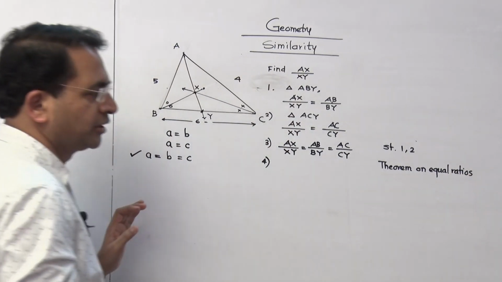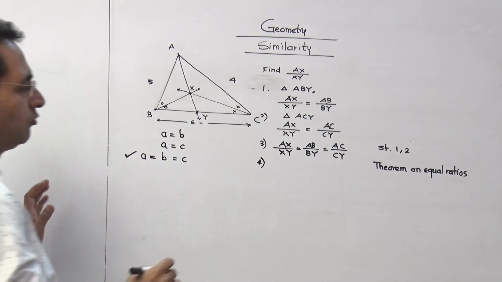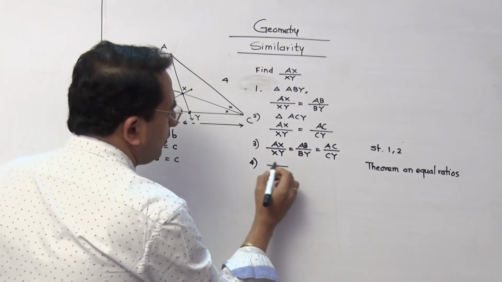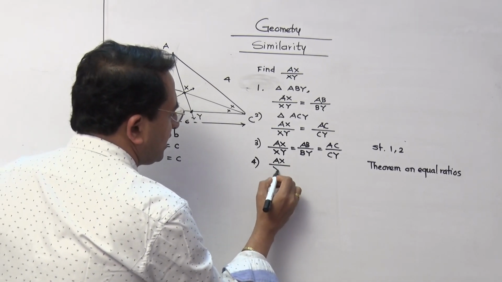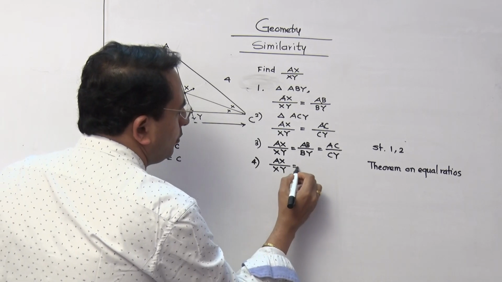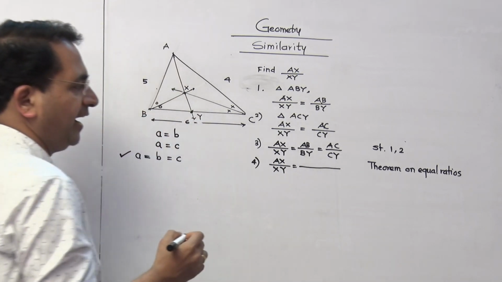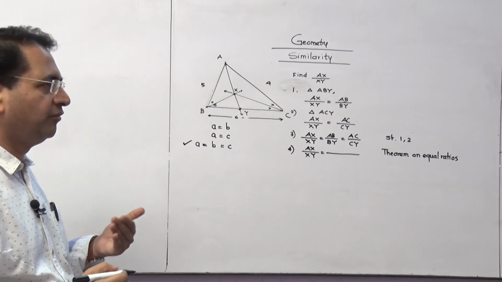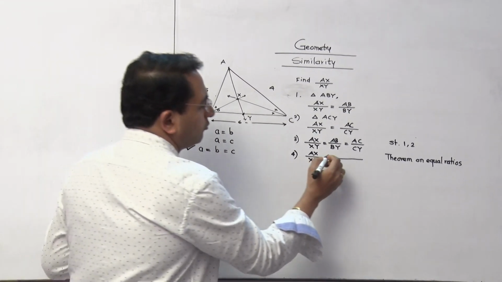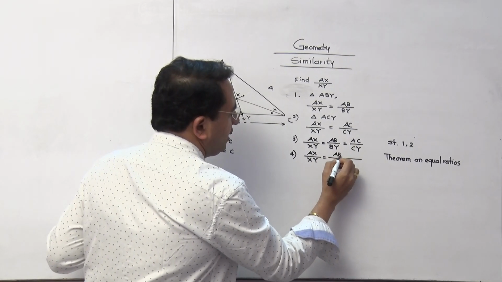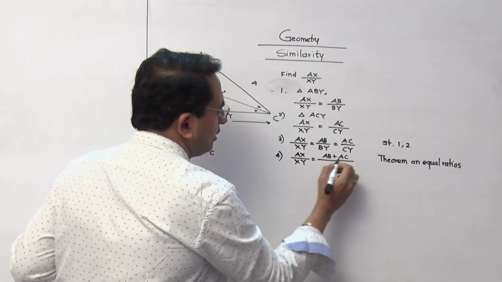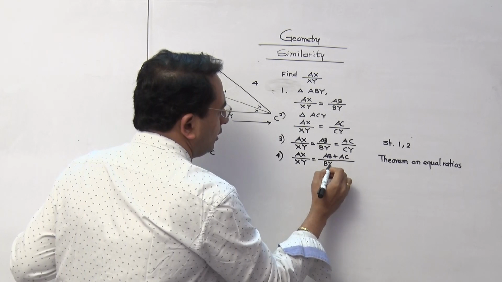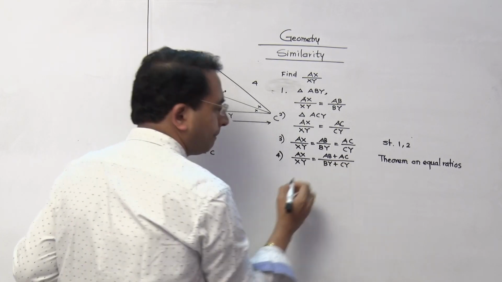So what is to be done? I am going to write this as AX upon XY, but I can add the corresponding numerators and denominators of the remaining fractions. So I can write AB plus AC upon BY plus CY.